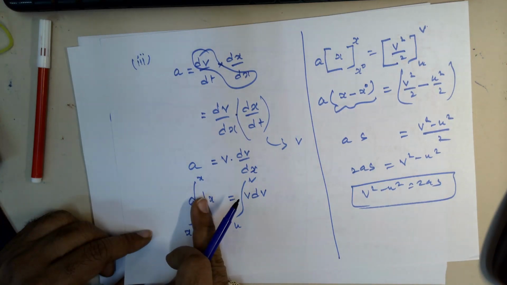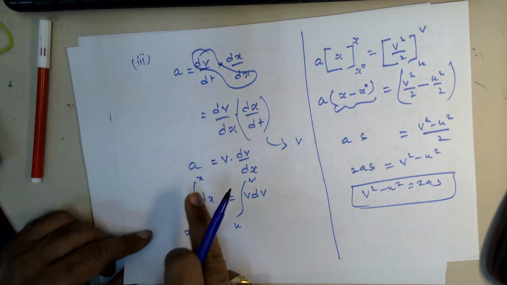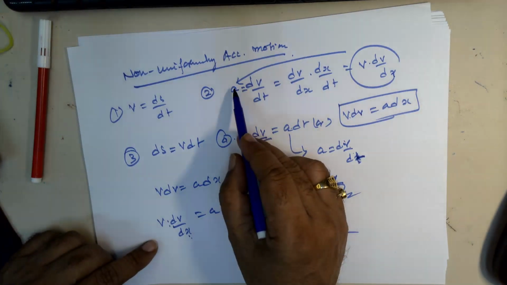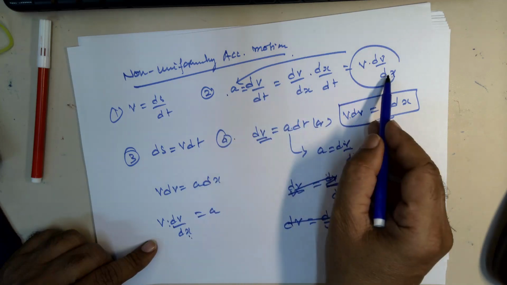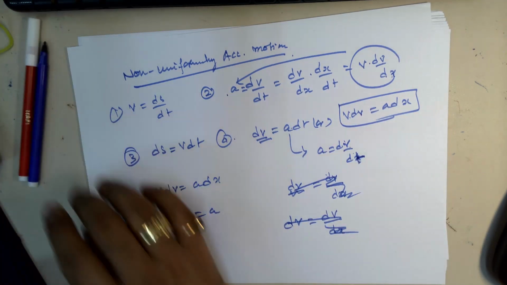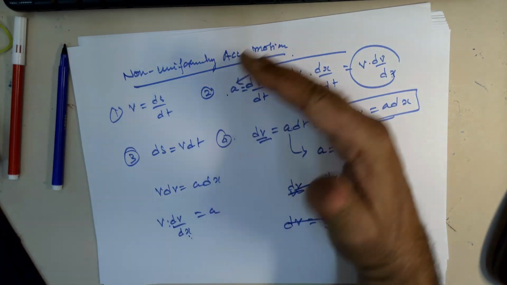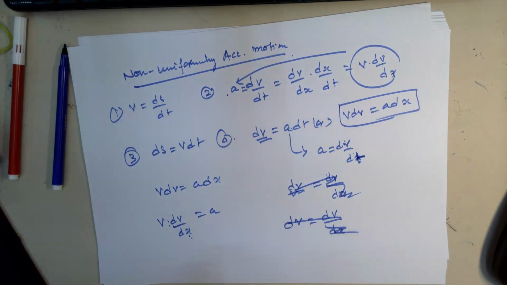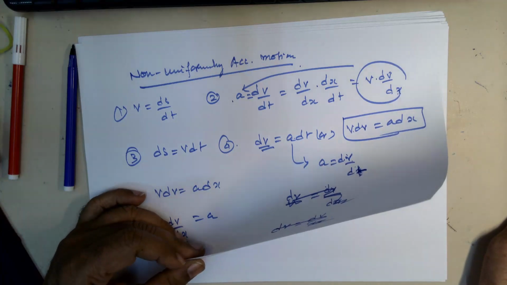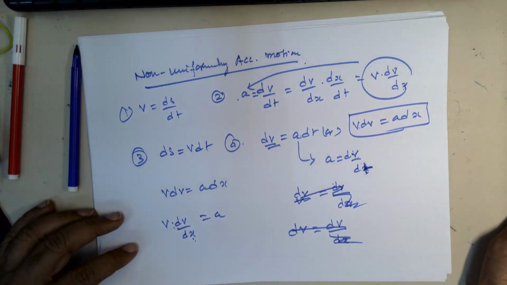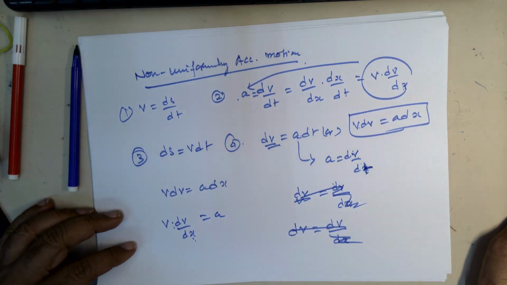So you have to put a and substitute a, for which these equations are useful. Are you able to follow? Clear? Yes, sir. Okay. But I'm not going further on this topic because it is beyond the scope of your syllabus. Now, let me solve some problems so that you are able to answer some questions.